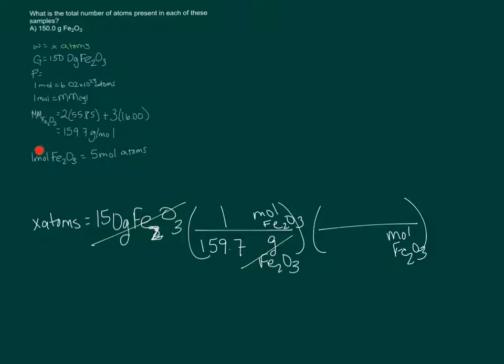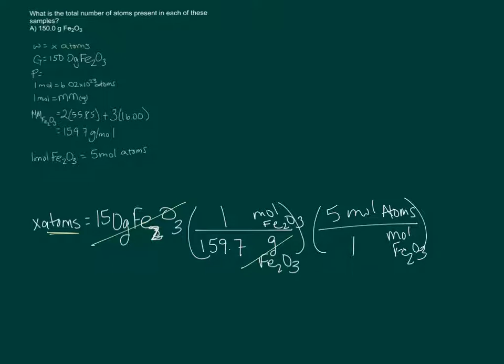But I know that I can make this switch over to moles of atoms like this. So for every 1 mole of iron 3 oxide, I have 5 moles of atoms. So let's go ahead and throw that in there. For every 1 mole of iron 3 oxide, we have 5 moles of atoms.